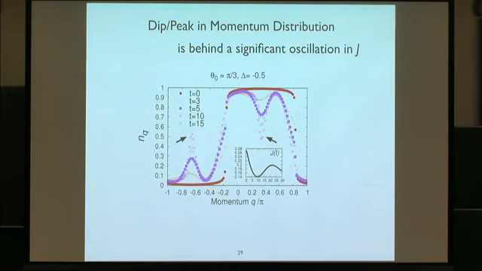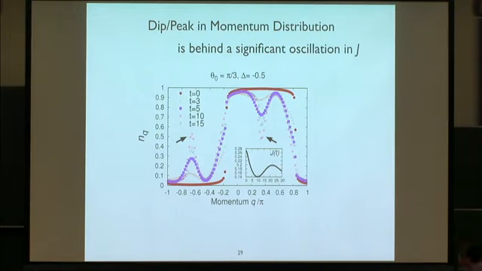So the initial state is given by this red curve, which is just the shifted, momentum-boosted ground state. Then as time goes on, after time evolution, you find a dip in the momentum distribution function and this peak. And this dip and peak basically contribute to the oscillation of the current.